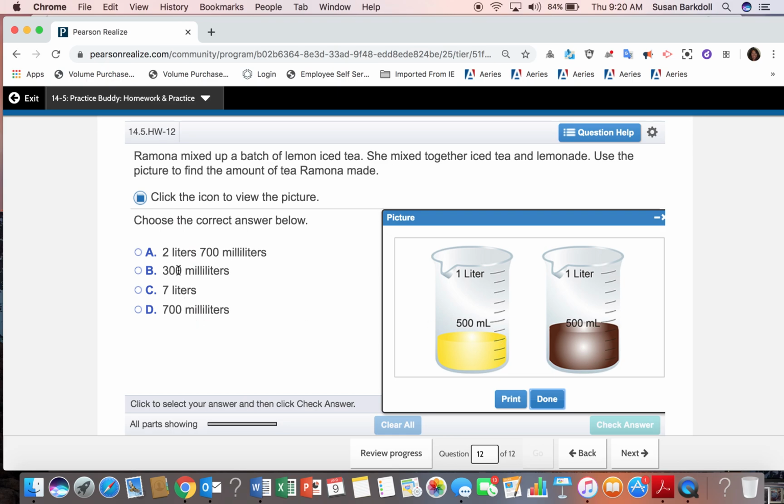So B is not a good choice because if we're mixing them together, B is the exact amount of lemonade. So A is not correct, B is not correct. And oh my gosh, 7 is way too much. Way too much. So that leaves D. If we look at the iced tea, I see 1, 2, 3, 4 hundred milliliters, 5, 6, 700 milliliters.